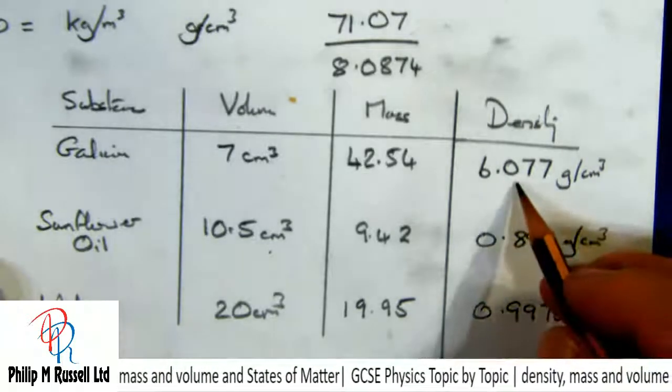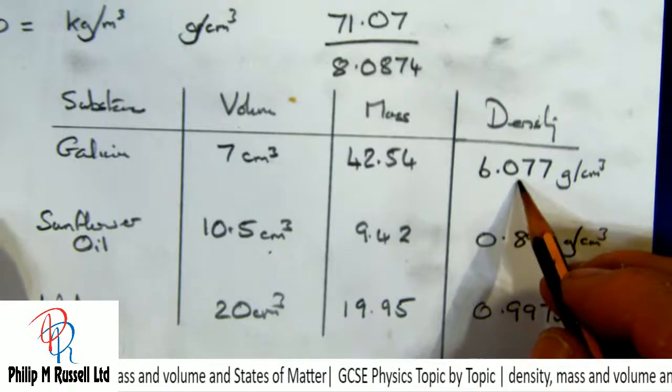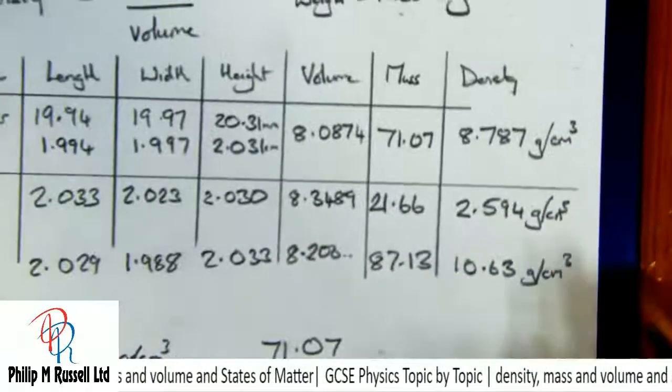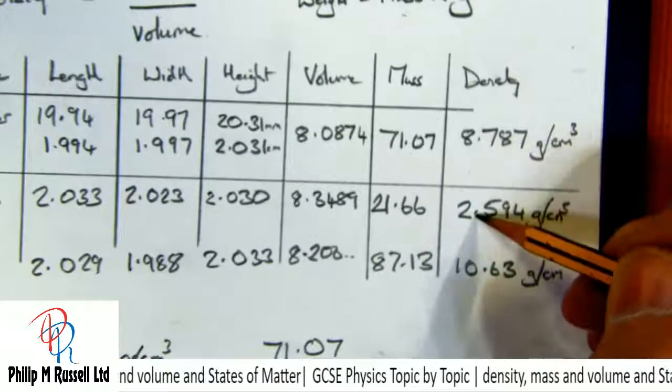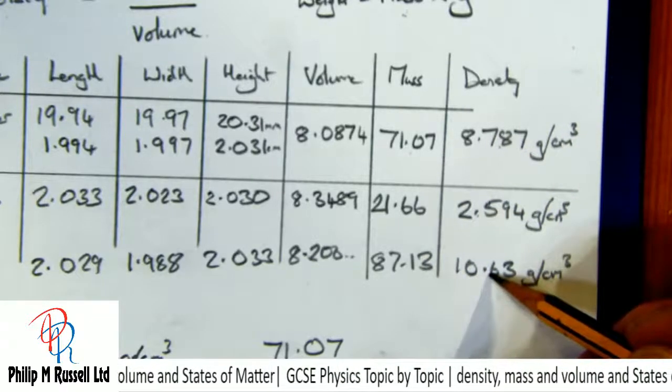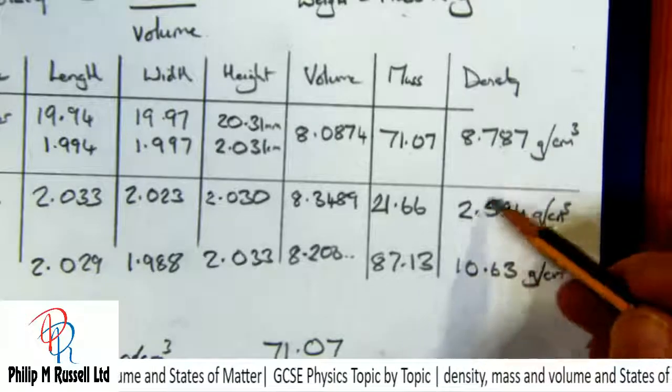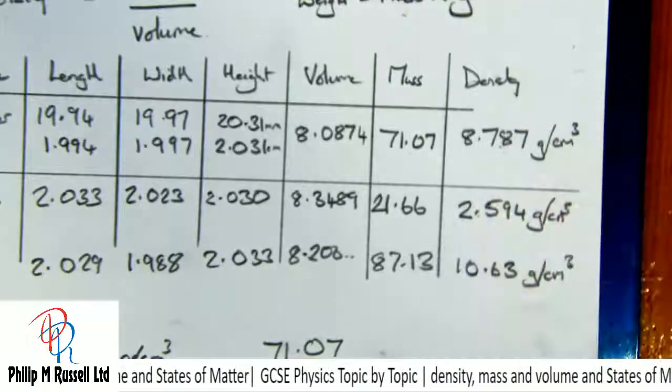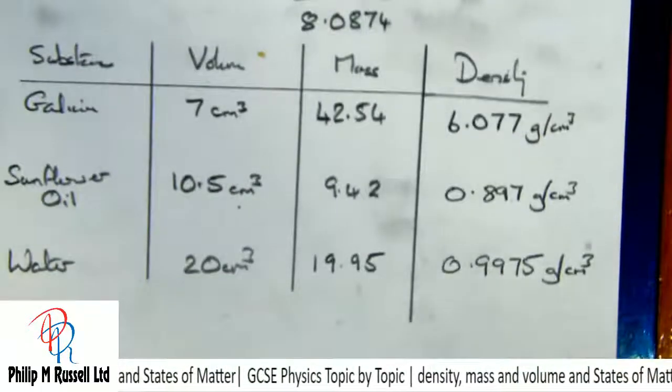The density of gallium being 6, we can see is somewhere between aluminium and copper, but less than lead, less than copper. So it is of the order that we would expect.